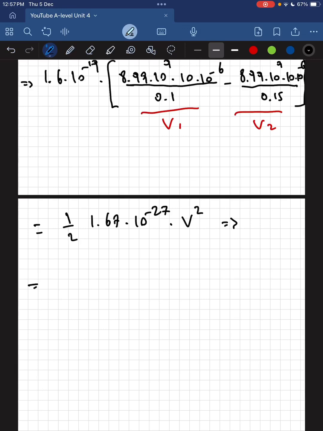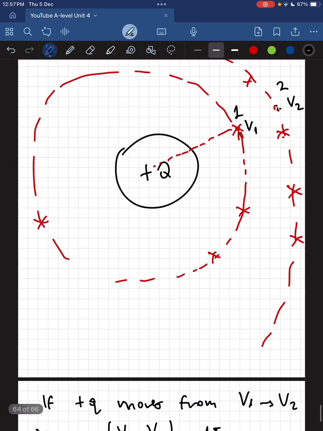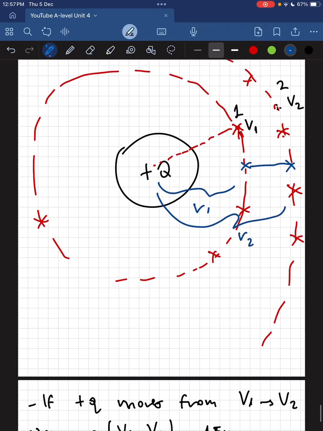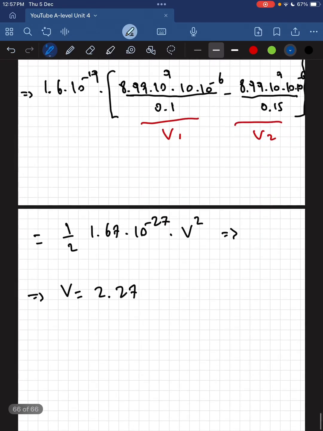And if you do the math, I'm not going to show it here because it's going to take time, you find that if we put a proton here, it will move outwards, and by the time it makes it to R2, it's going to have a velocity of 2.27 times 10 to the 6 meters per second. That's a large velocity.